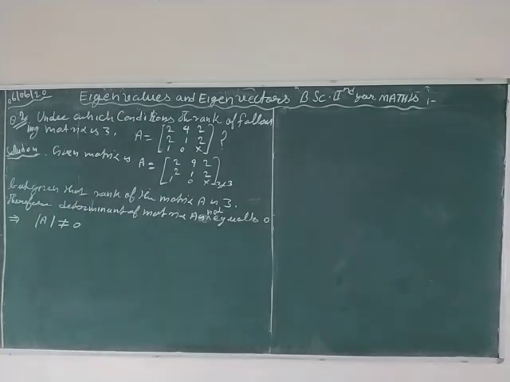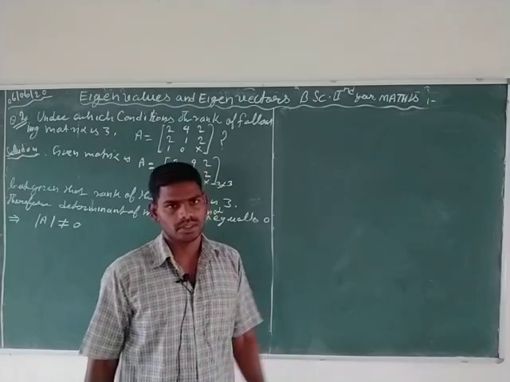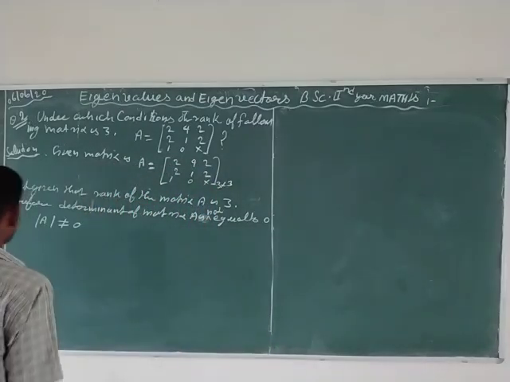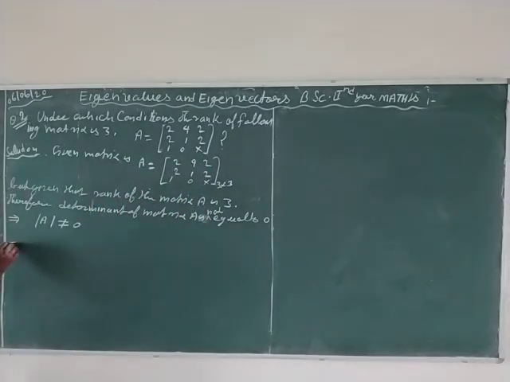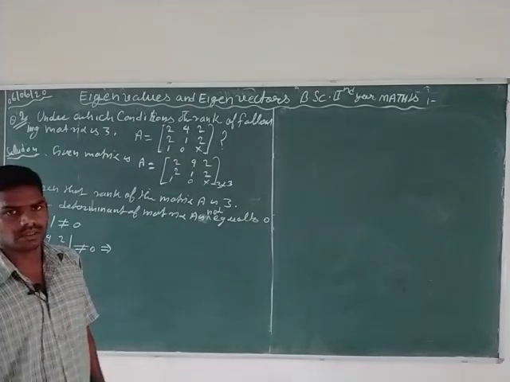So calculate the determinant of matrix A on the left-hand side of this inequality. Putting the value of A, 2 4 2, 2 1 2, 1 0 x, whose determinant is not equal to 0 according to the question, because the rank of the given matrix is 3.